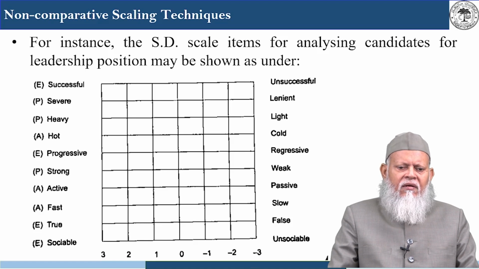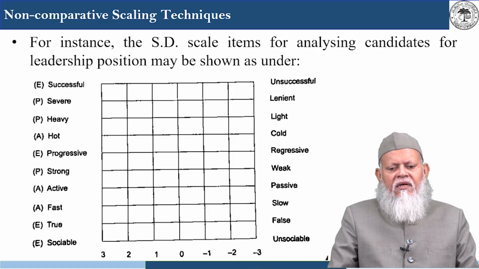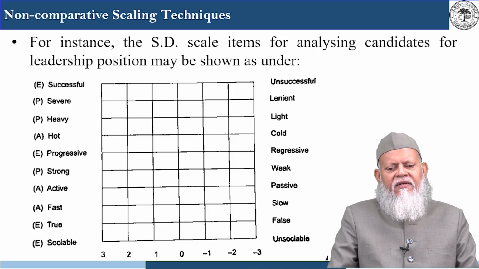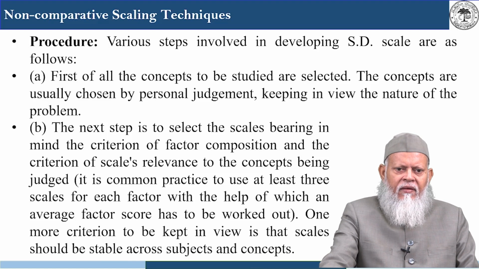If it is neither hot nor cold, then 0 is given. If it is cold, then we give a -1. If it is a bit more cold, then it is -2, and -3 is when it is really very cold. That way, all these stimuli are given points.